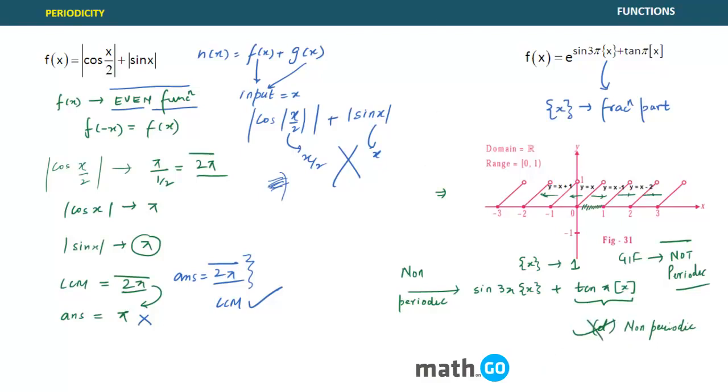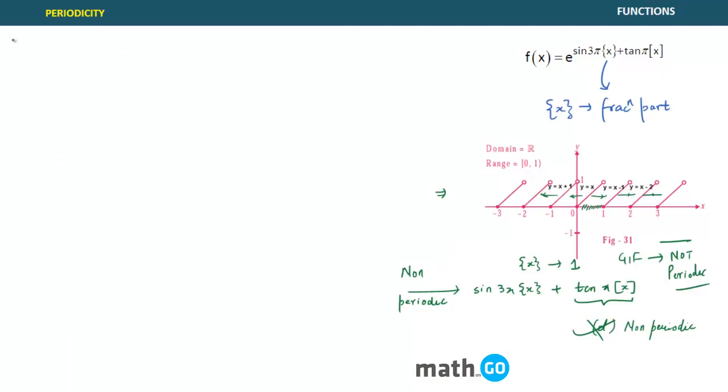So what is the problem here? Let us highlight that. Here you have tan pi [x]. We know that GIF will only return integer values.